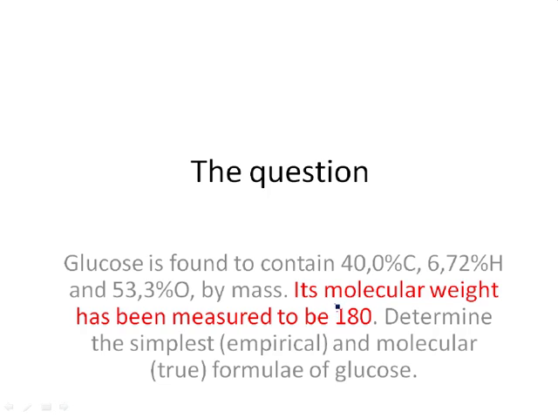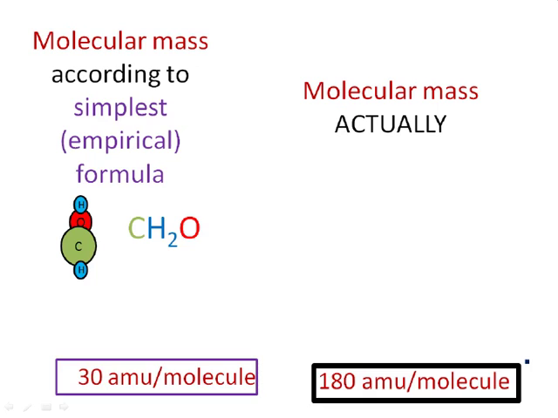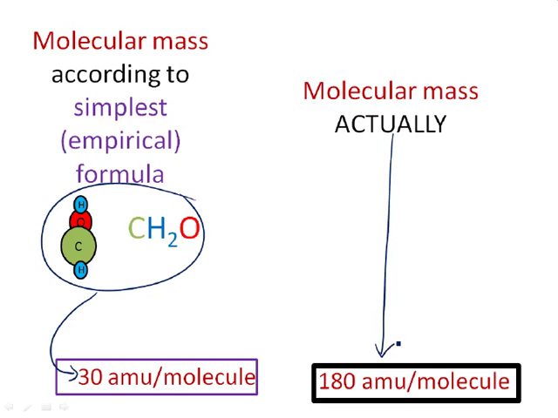Now, we've seen that the molecular weight is 180. However, we found using this formula that the molecular mass would be 30 AMU per molecule, even though we've just been told in the question that actually it's 180 AMU per molecule.